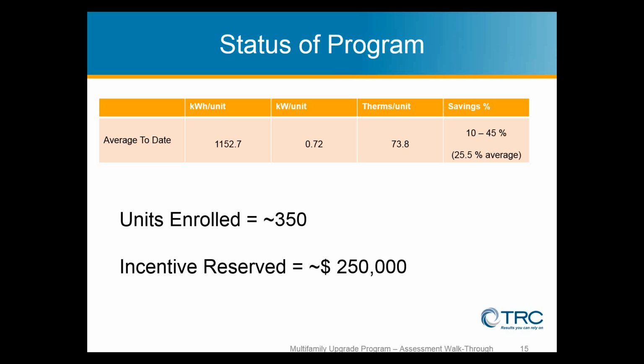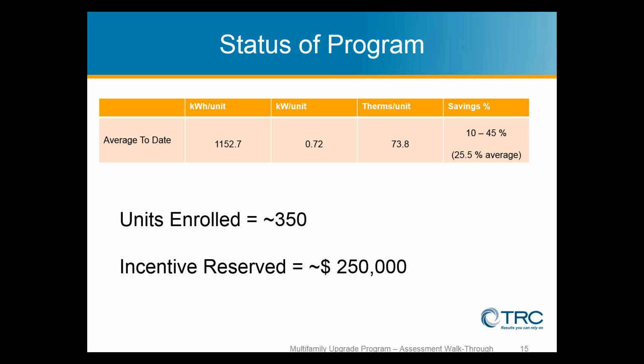Just to give you some perspective, the kW and the therms per unit numbers are slightly higher than we were expecting, and the kWh per unit number is slightly lower than we were expecting. By what we were expecting, I mean data that we've seen in other programs and similar project types.